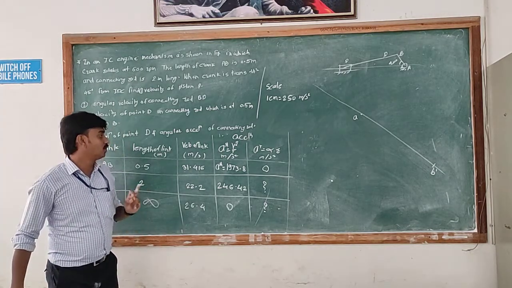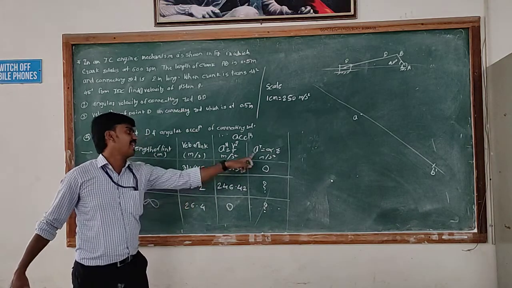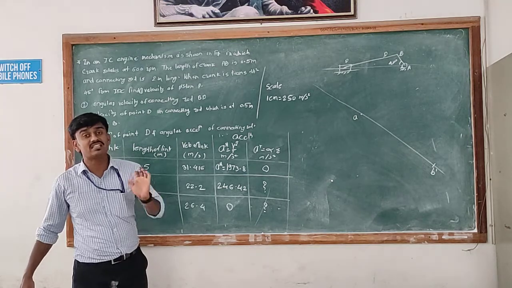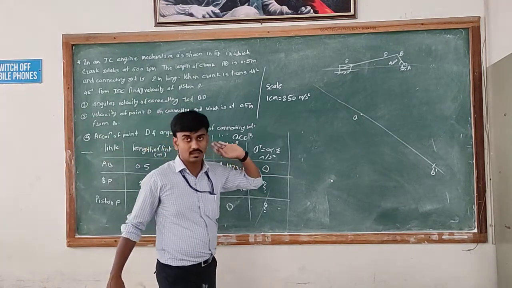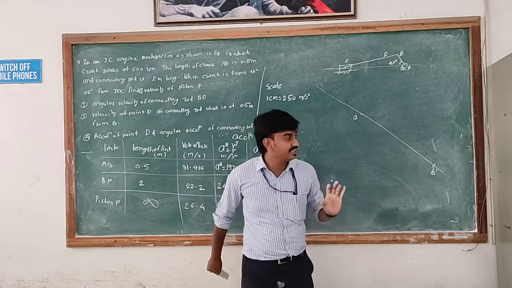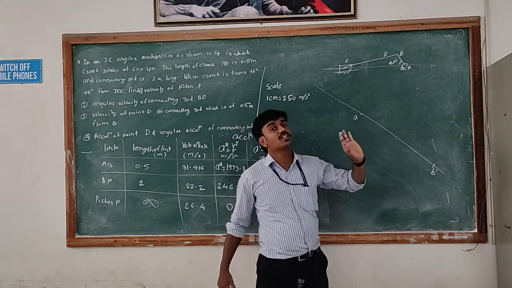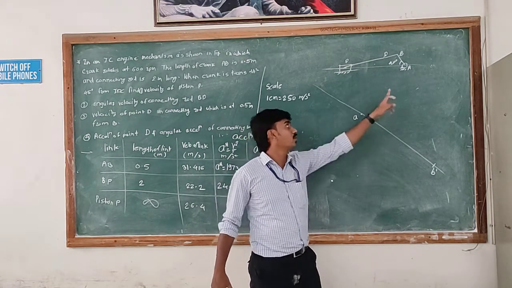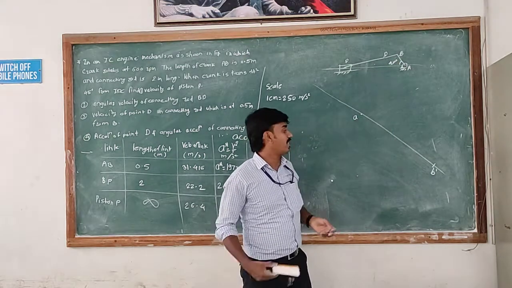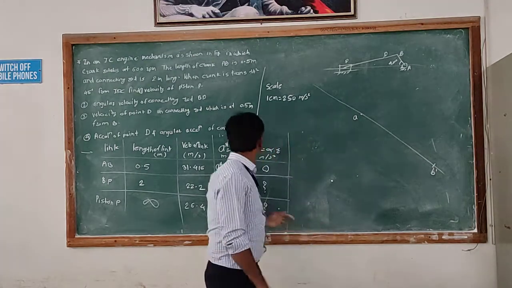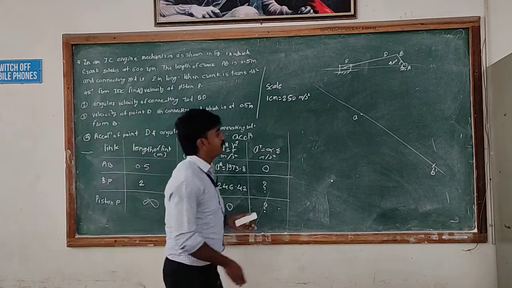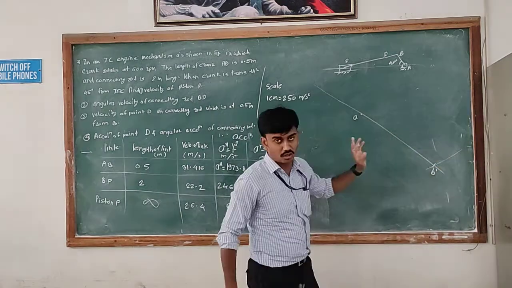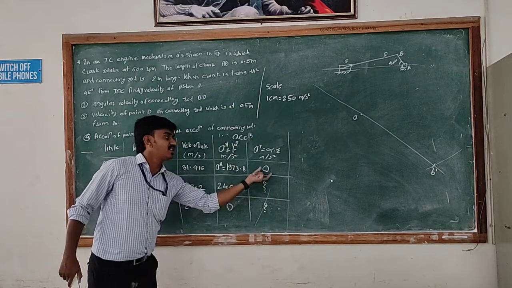So this is point B dash. Tangential acceleration is always perpendicular to the link. As we discussed in the previous session, the tangential acceleration of the link AB is perpendicular to its direction. So if you draw this line, the point B double dash will lie on this line. But the tangential acceleration is 0.